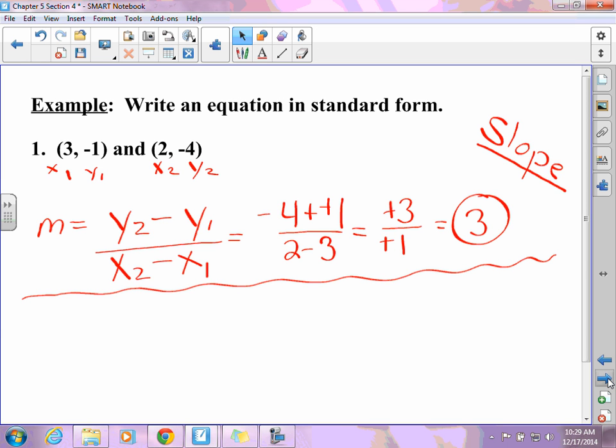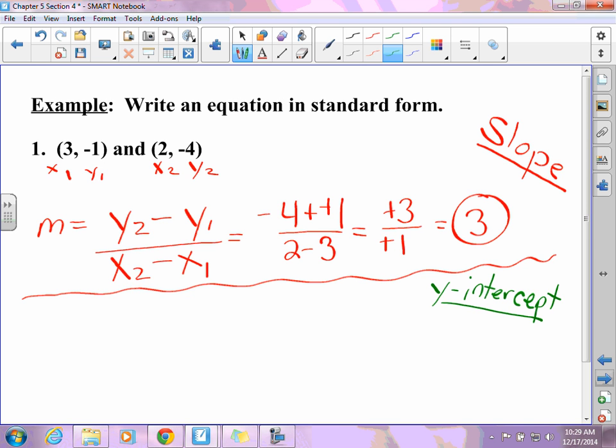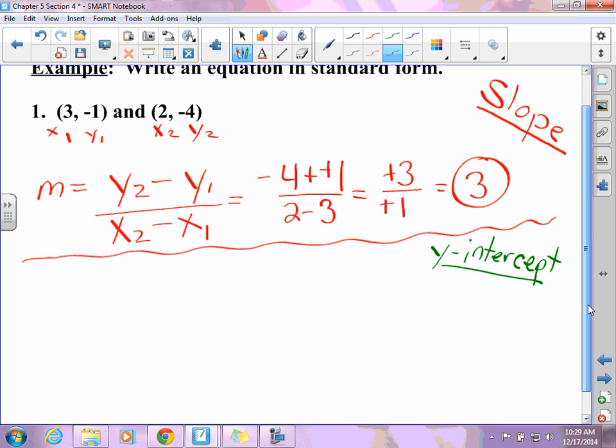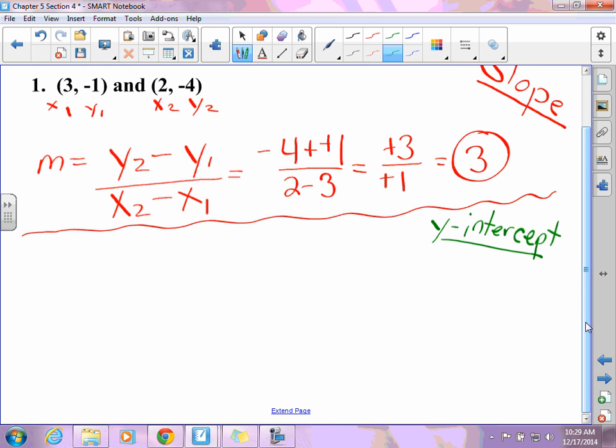The second step is we're going to find the y-intercept. And you go, Mrs. Medvick, we've done this before. You're right, we have. So what am I going to do? I'm going to use y equals mx plus b. What am I going to grab? I'm going to grab a point. Which point? Does it matter?